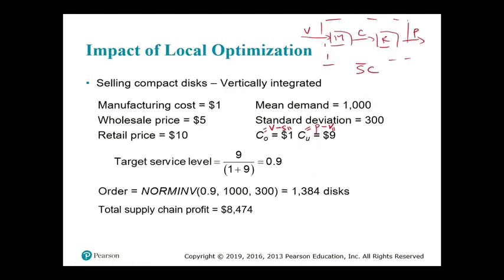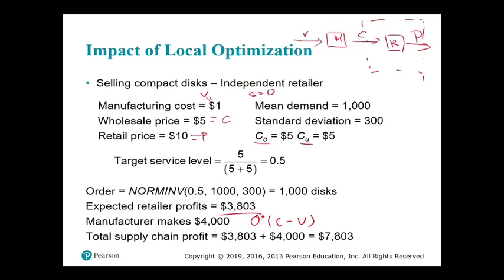So it turns out the total supply chain profit, and this is the best we can do, is $8,474, which is compared to before, if the retailer makes its own decision, significantly higher.